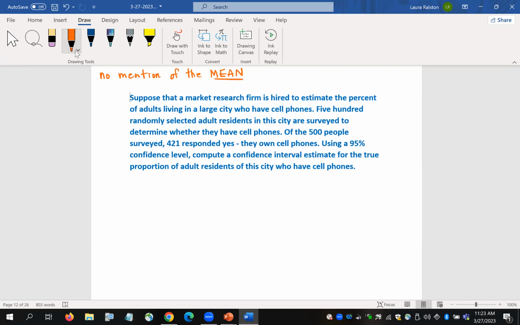In fact, several times it uses the word percent or the word proportion. It does clearly tell me that we're doing a confidence interval, but again, I have to recognize that it's a confidence interval for a proportion or a percentage.